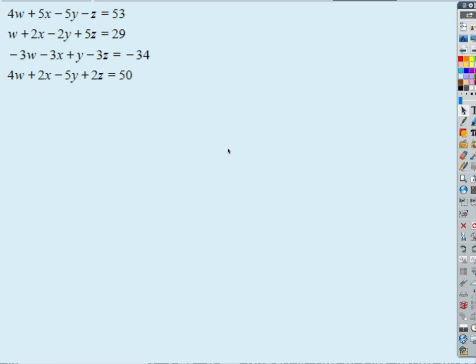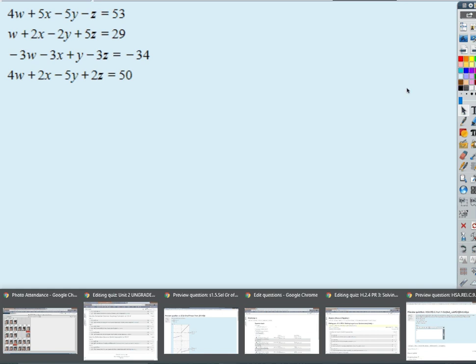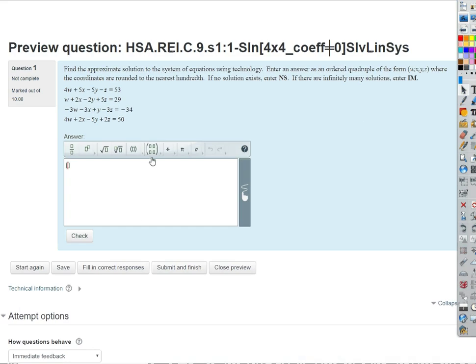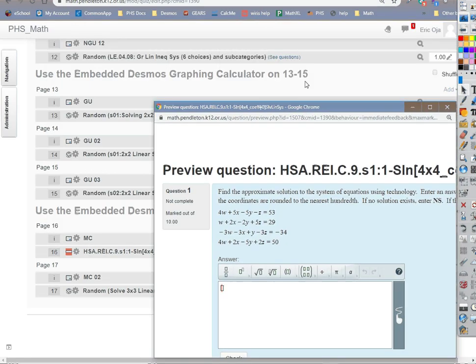Okay, there's our example, right? So then if we want to plug that into the matrix calculator, where's the matrix calculator? It's right there.